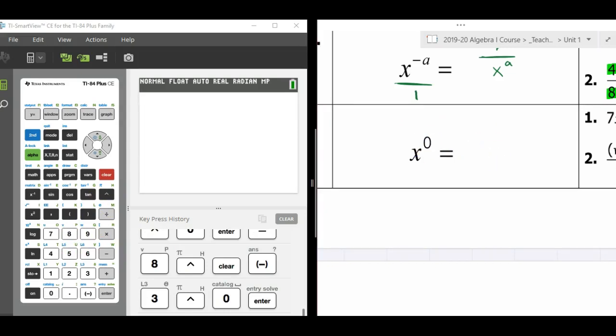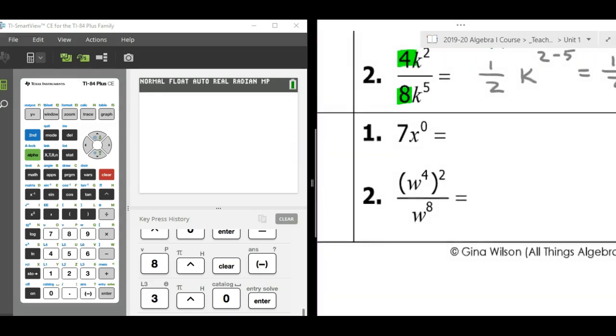Any number or variable with a 0 exponent is equal to 1. It's like the great neutralizer. Any number to a 0 exponent is equal to 1. Any variable to a 0 exponent is equal to 1.